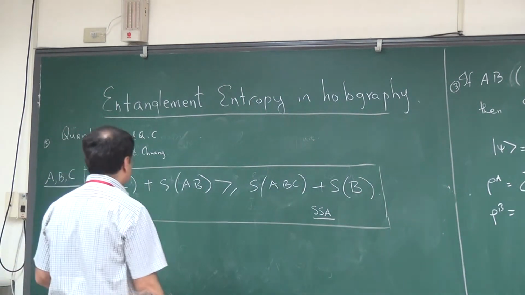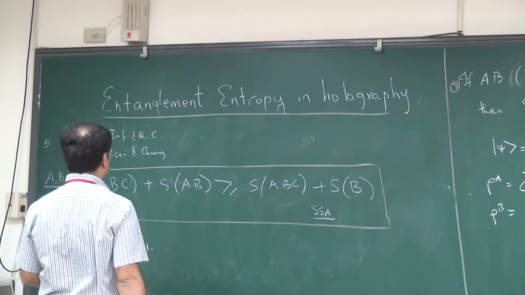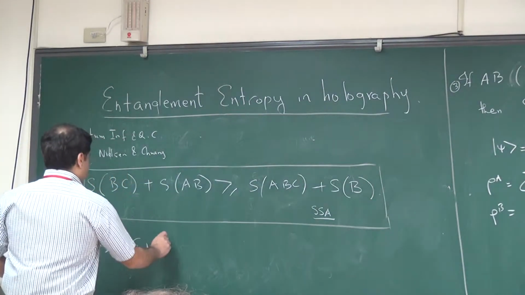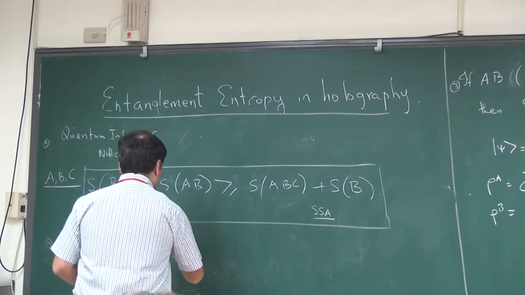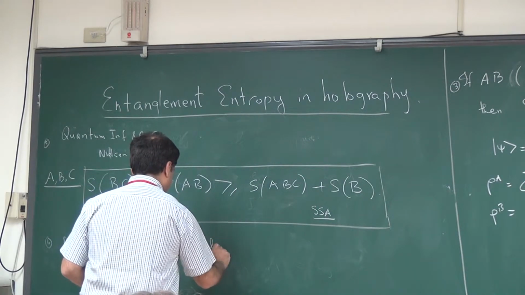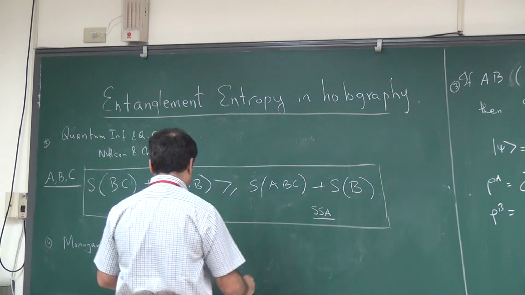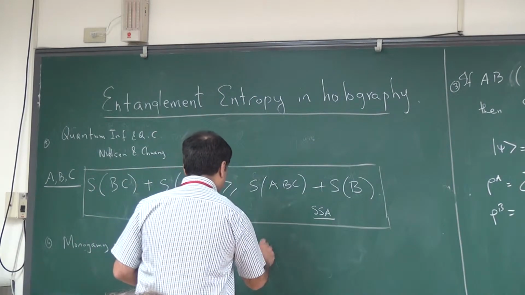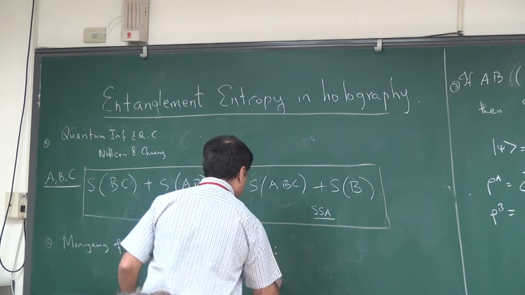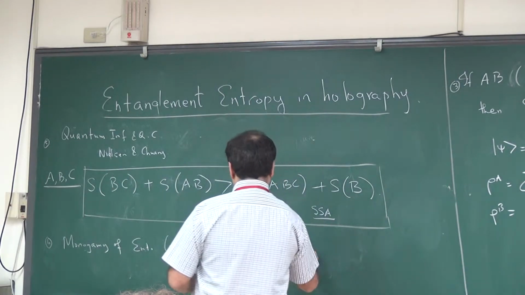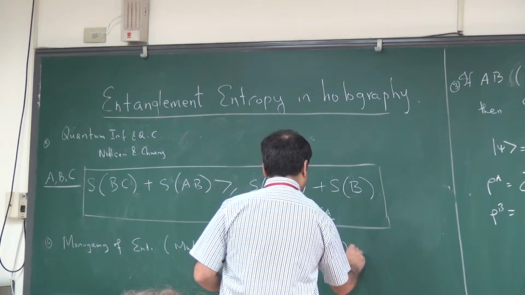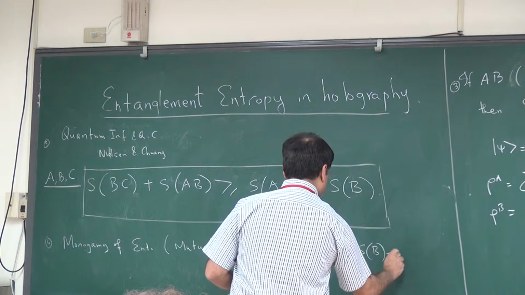The easiest way of defining monogamy of entanglement, and in fact the easiest way of stating this inequality, is through something called mutual information. This is terminology just to make life a little simpler and to remember these inequalities. The notation for mutual information is I(A:B), which is simply S of A plus S of B minus S of AB.